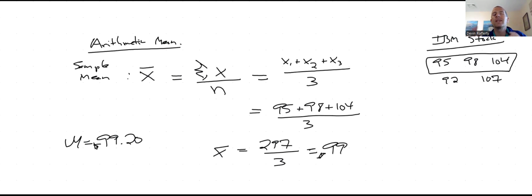The whole point of quantitative analysis is that we are trying to decide whether this sample mean is a reasonable estimate or a reasonable approximation of this number, our population mean.